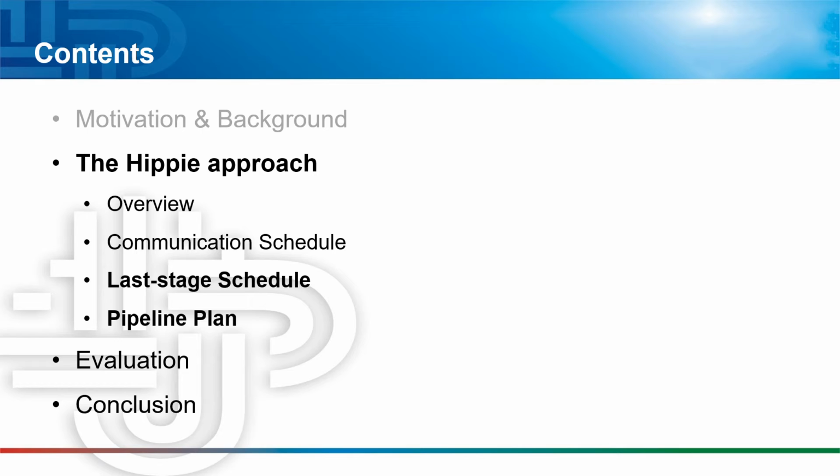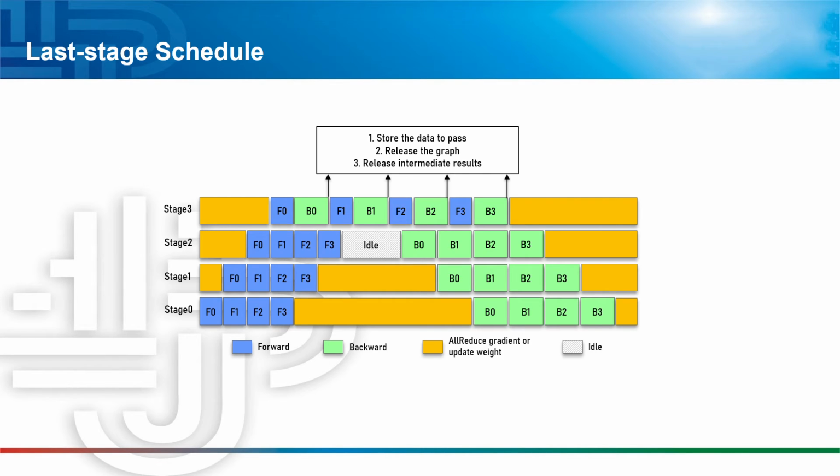The following is the last stage schedule. After several forward computations, the intermediate results and the boundary data of graphs need to be stored in the memory, which significantly increases the memory consumption. The last stage with large output may become the memory bottleneck.